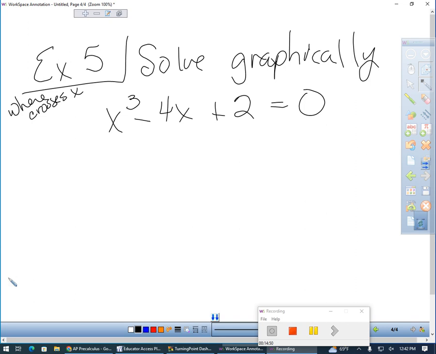Let's get this a little bit better, huh? How many solutions do we have here? We do have 3, right? Do you guys recall how to use your graphing calculator to find those 3?